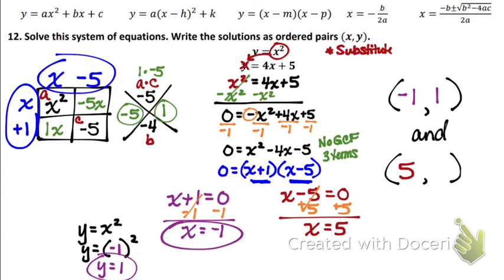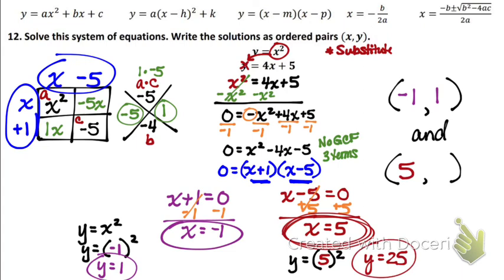What is negative 4 plus 5? 1. I get the same output either way. How do I find the y that goes with this x? Yep, substitute 5 in. It does not matter which equation you use. What is 5 squared? 25. What is 4 times 5? 20. Plus 5? 25. I get the same output no matter which equation I use, but you have to find the y parts.